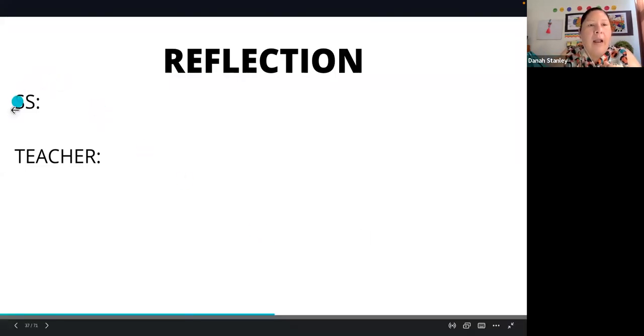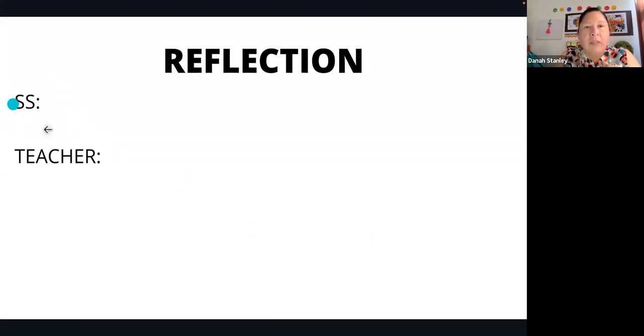So analyze and reflect on the students' development. Also, the students need to reflect on their own work, because remember that we are inviting them to be autonomous and to be independent. So they need to make this self-evaluation. And the teacher, did I achieve what I stated?